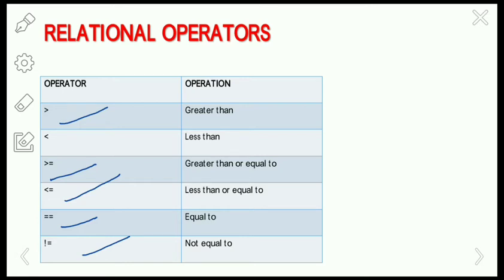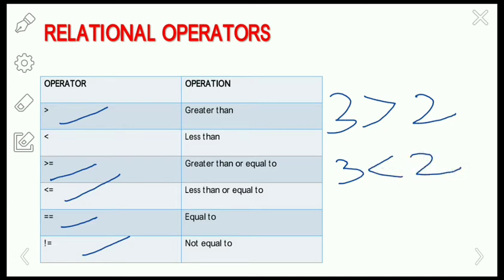So here greater than means 3 is greater than 2, which is true, and 3 is less than 2 means it is false. And 3 is greater than or equals to 2, which is true, right? Suppose I'm taking 3 is greater than or equals to 3, which will be true, because 3 is equals to 3.